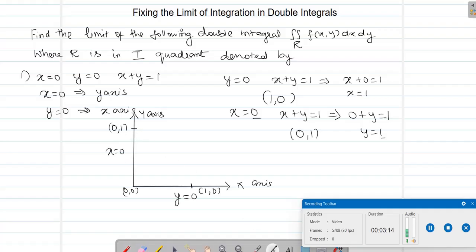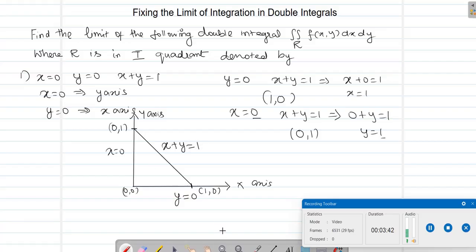Now connect these two points by means of a line. Hence we are done with the line which passes through the points 1 comma 0 and 0 comma 1. Hence what will be the name of this line? The line will be called x plus y equal to 1.